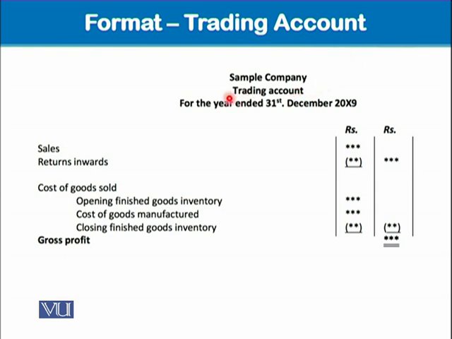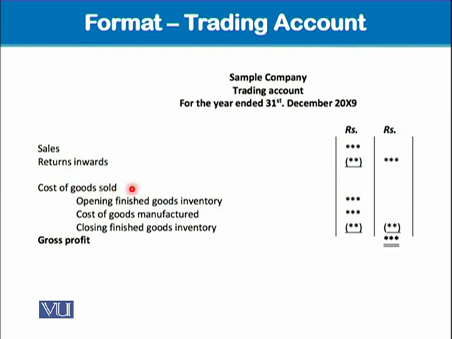Next comes the trading account of a manufacturing entity. In this trading account, obviously we are now selling the product that we produced during the year. So we are selling this product, meaning there should be cost of goods sold. You can also phrase it as cost of finished goods sold, or manufactured goods sold, or produced goods sold.